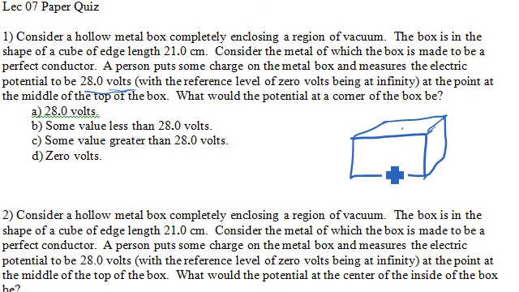So that means that the work done in moving a charged particle from one point on the box to another point on the box is going to be equal to 0, and hence the electric potential at all points on the surface of and in a perfectly conducting material is going to be at the same value. So if the electric potential is 28 volts at one point, then it's 28 volts everywhere.